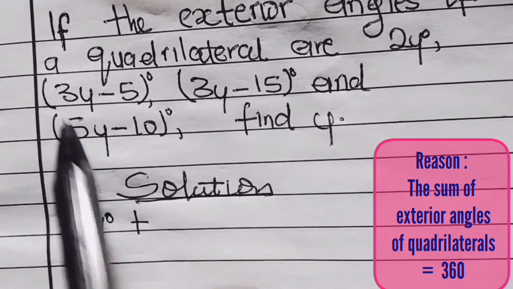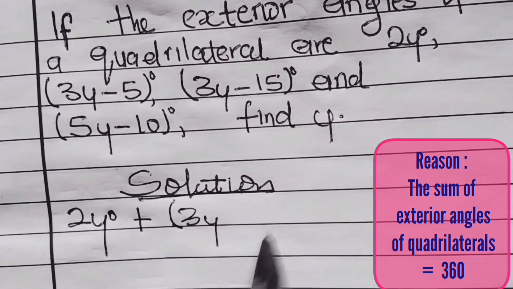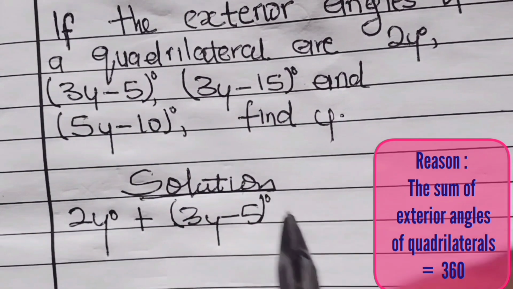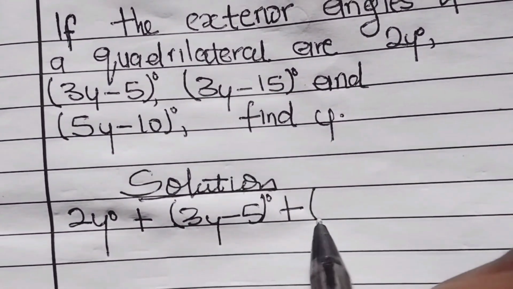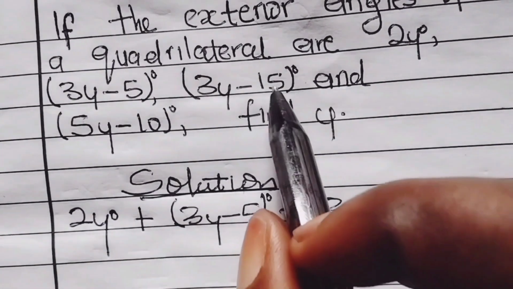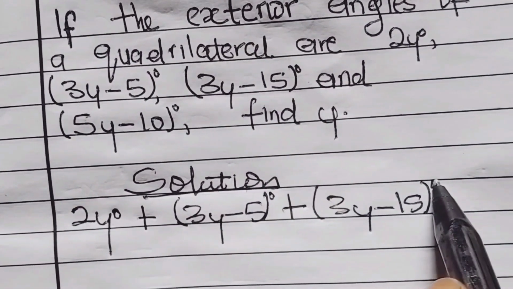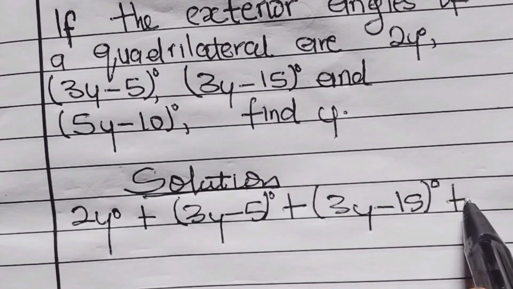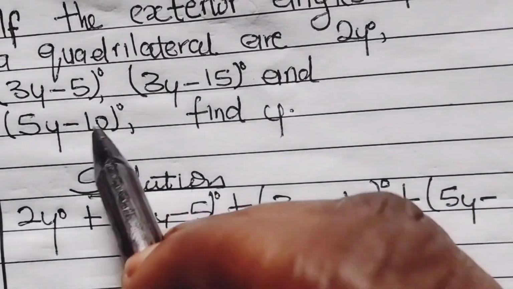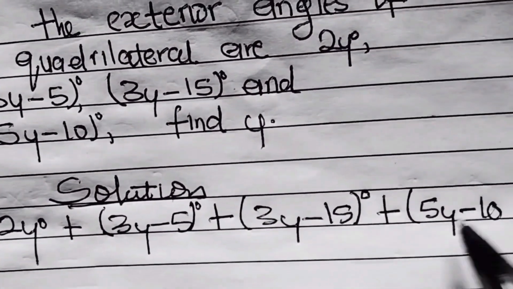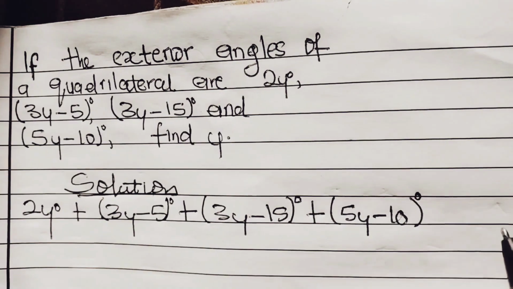I go on to this one, (3y minus 5) degrees, which I put inside brackets, plus this one, (3y minus 15) degrees, and finally the last one, plus (5y minus 10) degrees, is equal to what?